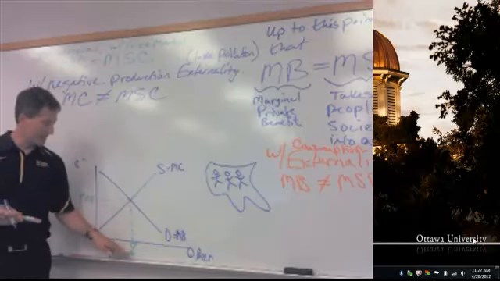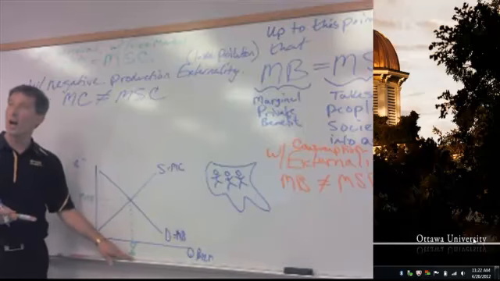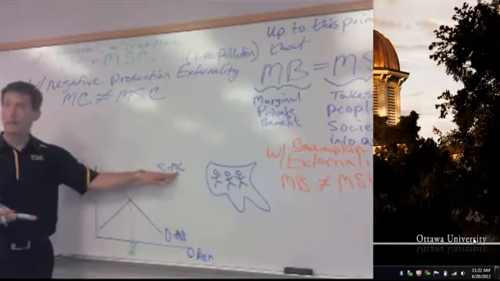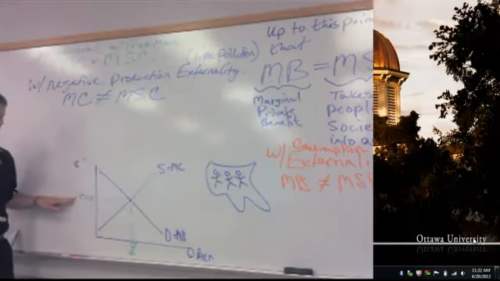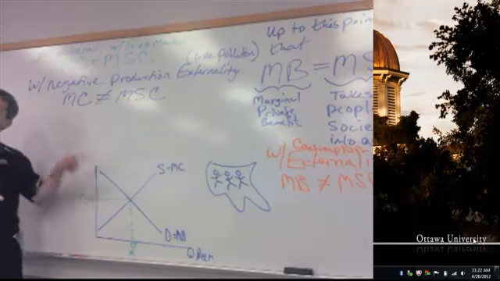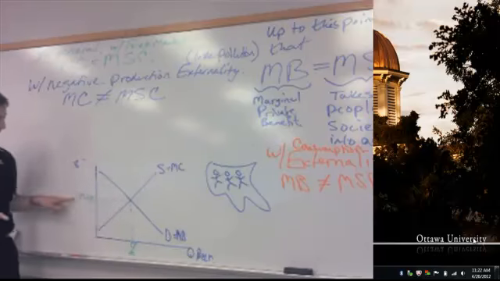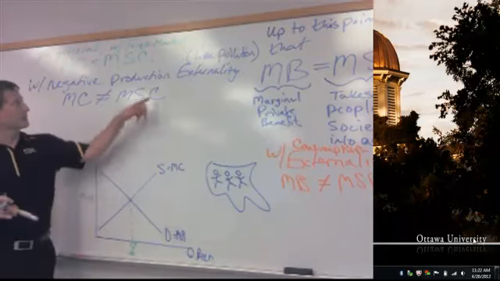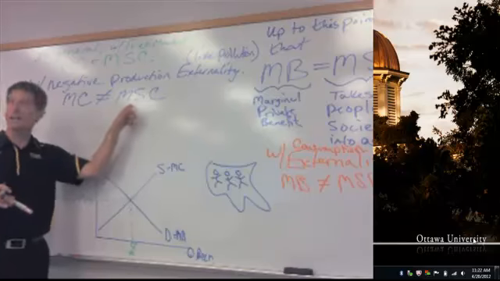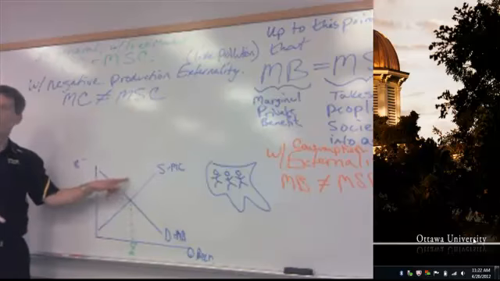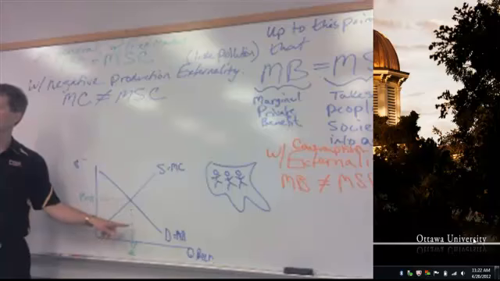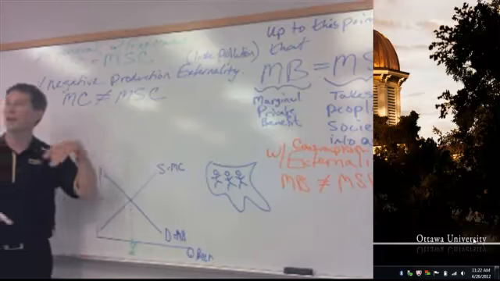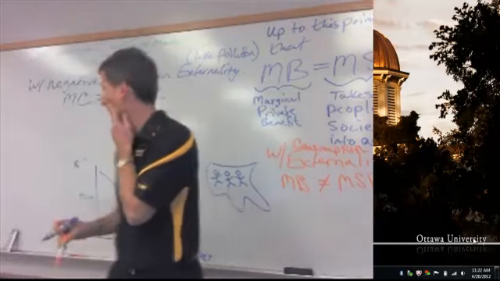So what this says is that the cost of the 100th case of beer for Budweiser was $18. Remember, they just kind of broke even, got a normal profit on the 100th case of beer. It cost $18. So is society's cost higher or lower than 18?